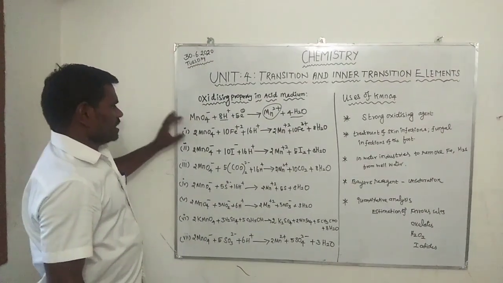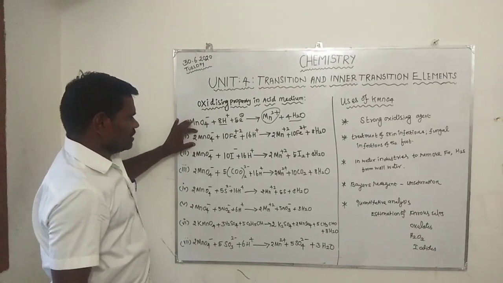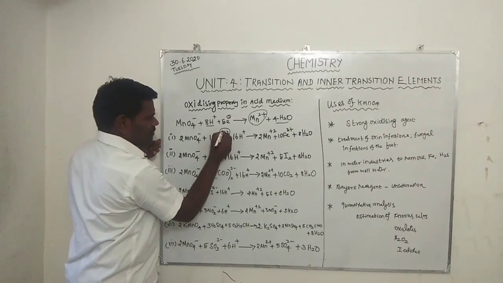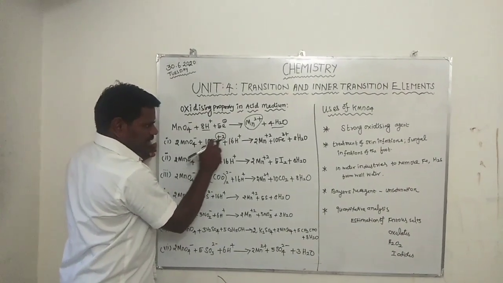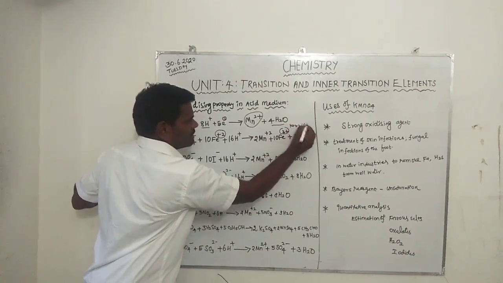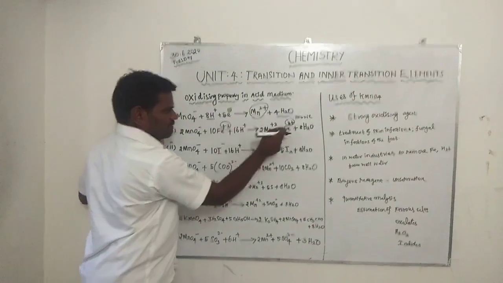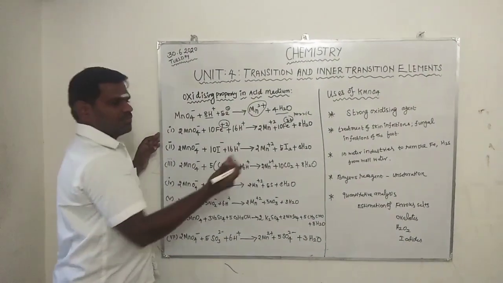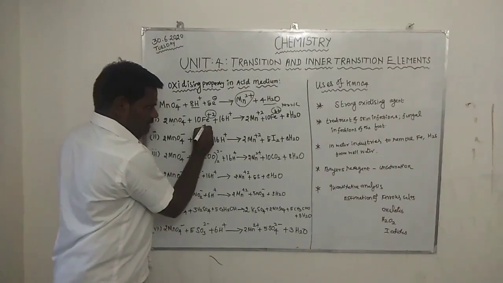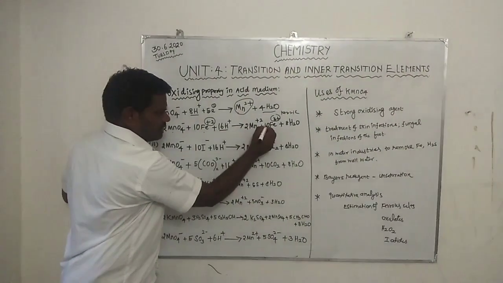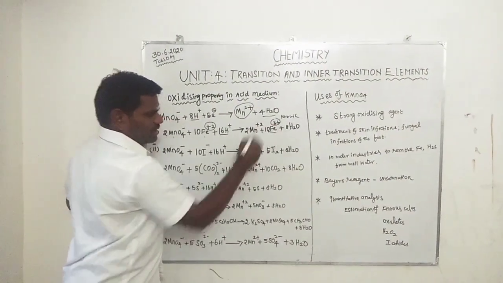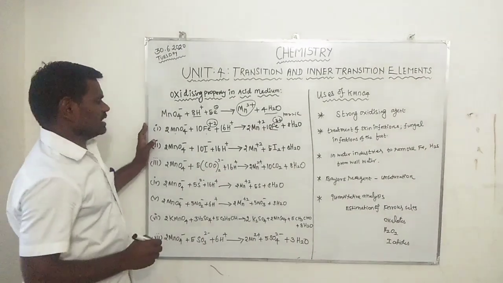Generally, the permanganate ion is treated with ferrous, oxidation number +2. The ferrous ion is converted into ferric. This is oxidizing power, oxidizing nature. So permanganate ion treated with ferrous salt in acid medium is converted into ferric salt, 2 Mn2 plus ion and 10 moles of Fe3 plus and 8 moles of water obtained.